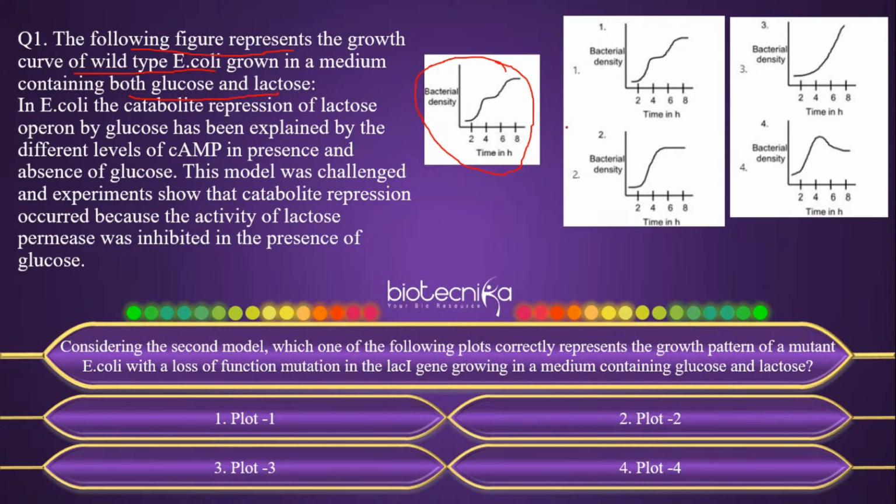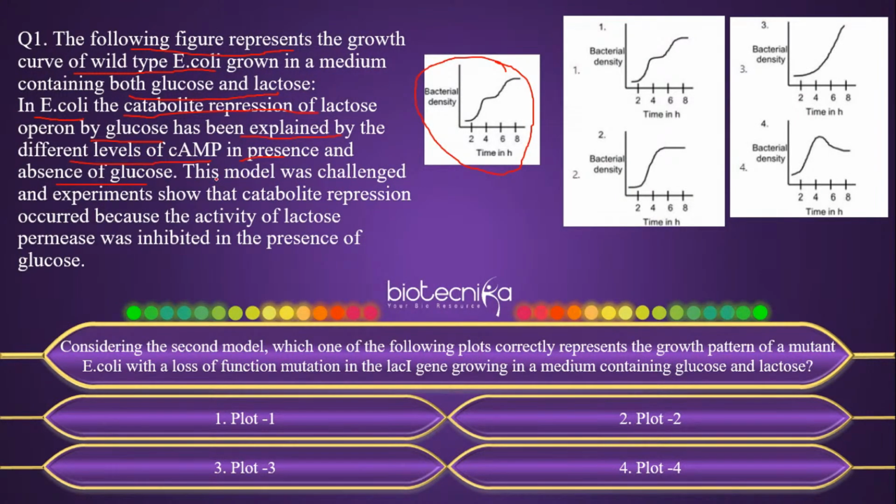In E. coli, the catabolite repression of lactose by glucose has been explained by different levels of cAMP in presence as well as absence of glucose. So I guess you all are aware of the relationship between cAMP and glucose. Am I correct? And what about catabolite repression? Yes? Are you aware of these things?